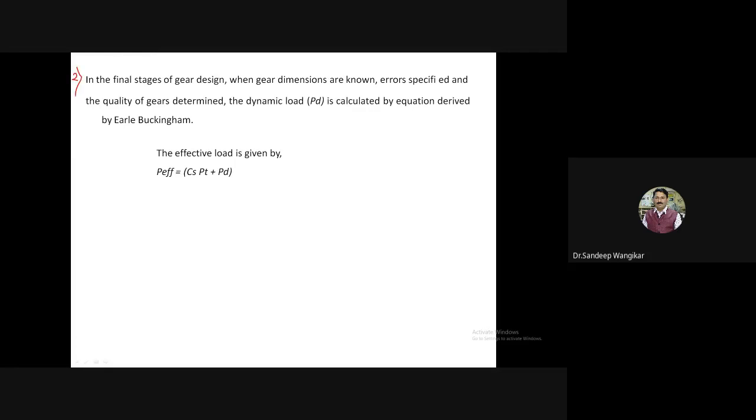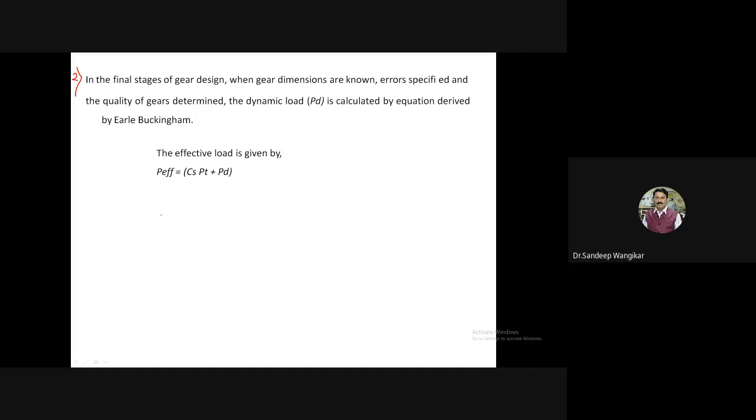Now second, I will call this the second formula. In the final stages of gear design, when the gear dimensions are known, we can calculate the error, the face width, and the diameters and radii of the pinion and gear. Then in this case, errors are specified for the quality. We can calculate PD by using P effective is equal to CS PT plus PD.